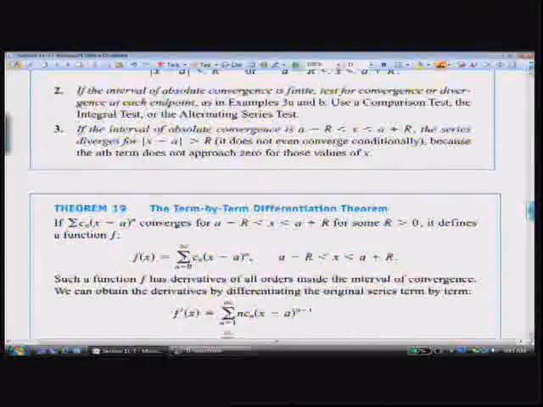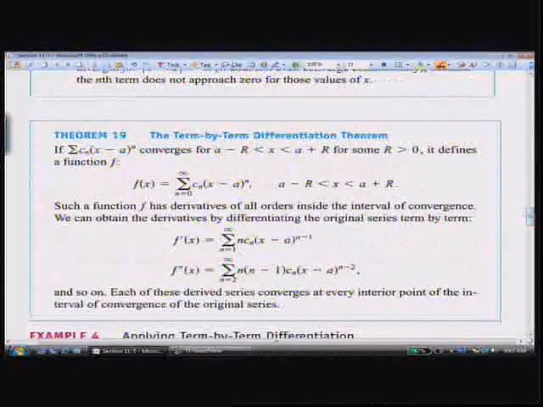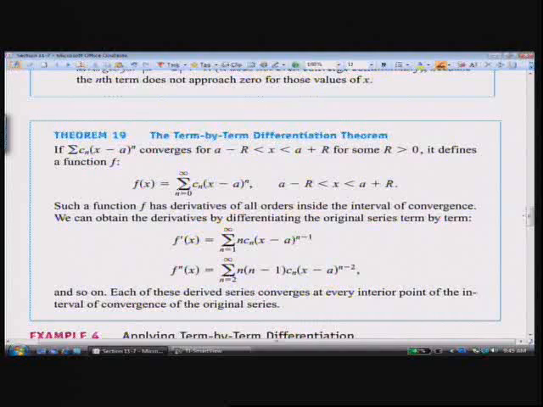Okay, here's some fun stuff, or some things that you'll start to see why this is interesting. It turns out that if you know that the power series converges, then you can define a function, as long as your x is within that interval of convergence, to be this power series. And then this function has derivatives of all orders inside the interval of convergence.